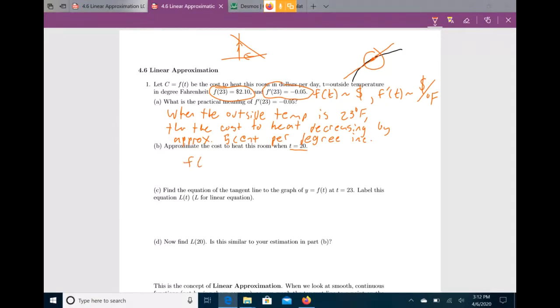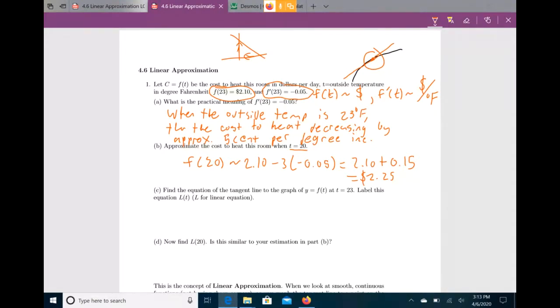So our estimate for 20 would be, I move left 3 units in terms of temperature, so I'd move up 3 times 0.05 units in terms of dollars. Okay, so 2.25 would be our estimate.